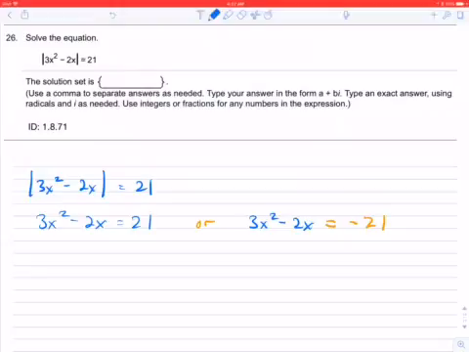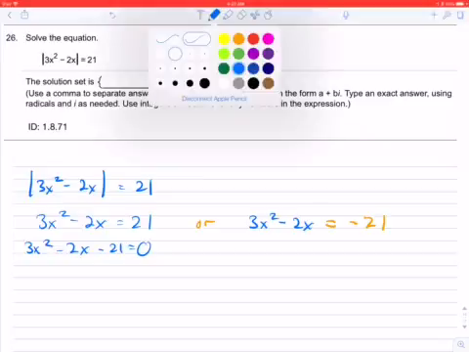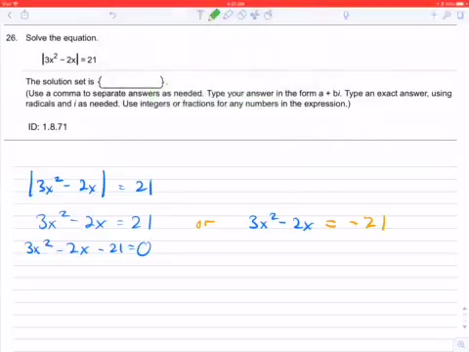So if we set the left one to 0, we're going to have 3x squared minus 2x minus 21 equals 0. So then we'll quickly see, oh, we're looking for two numbers that multiply to give us negative 63 and add to give us negative 2.